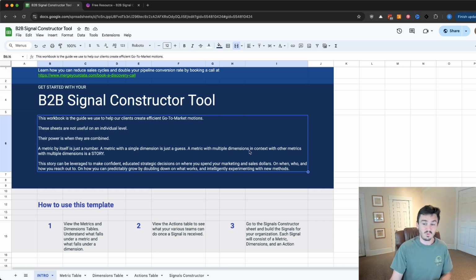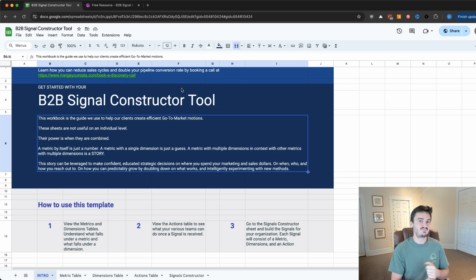And now, a metric with multiple dimensions in context with other metrics with multiple dimensions is a story. When we're looking at the lifetime value and then also looking at the churn rate, defined each by 4 metrics, now we have a very specific story.